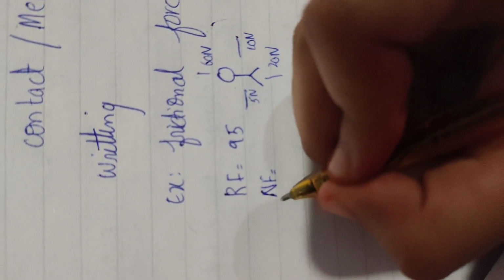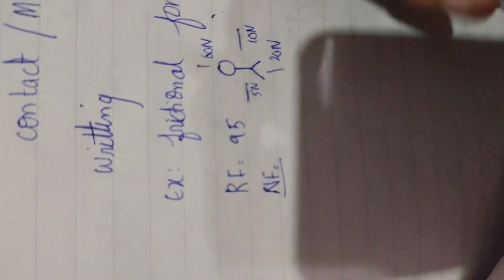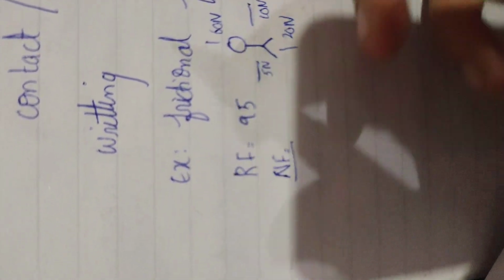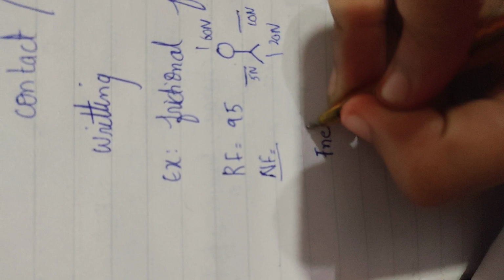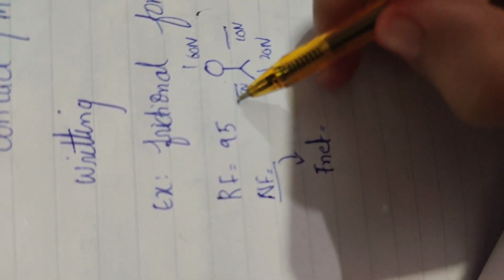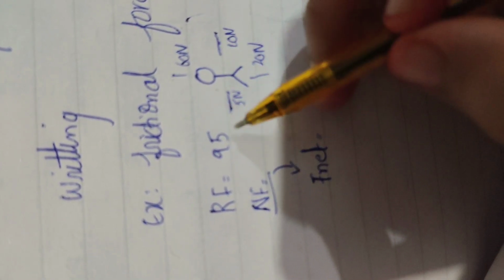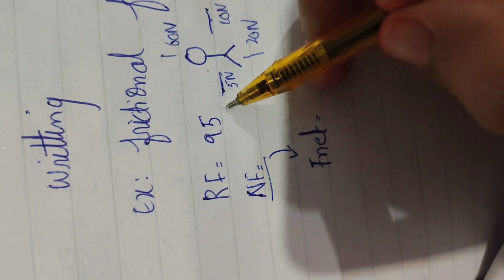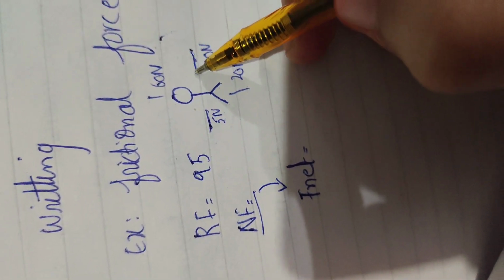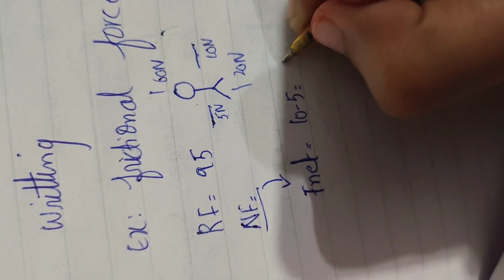Now this is a bit different. Now we're going to talk about net force. It is basically written like this. You can see that this force and this force are opposite. We are applying it from this side, and there we are applying from this side. First of all, we subtract 5 from 10, we get 5.